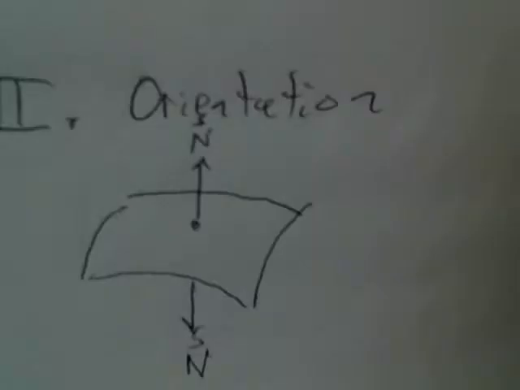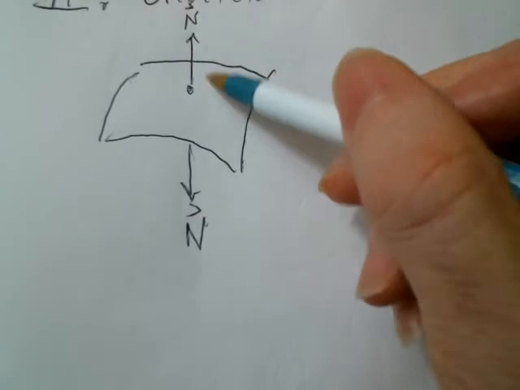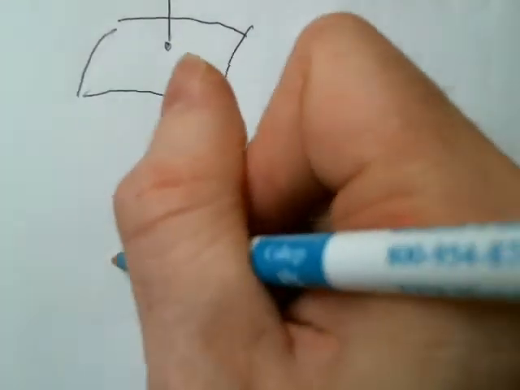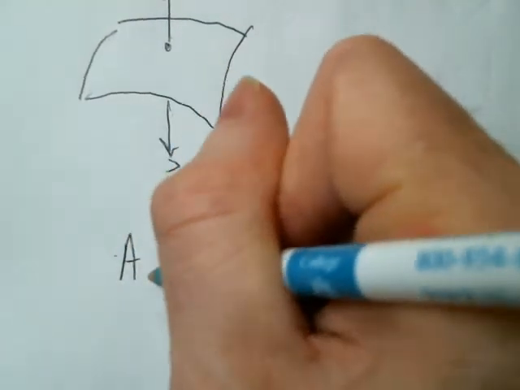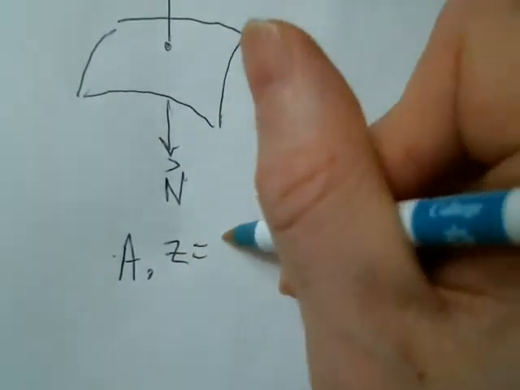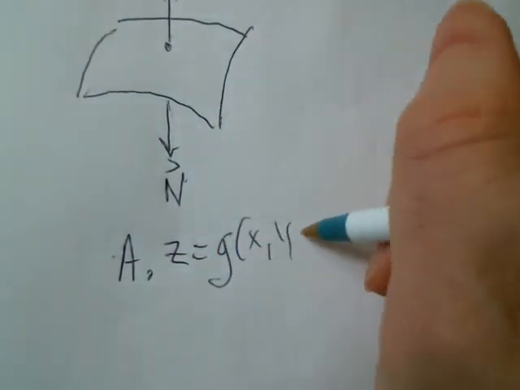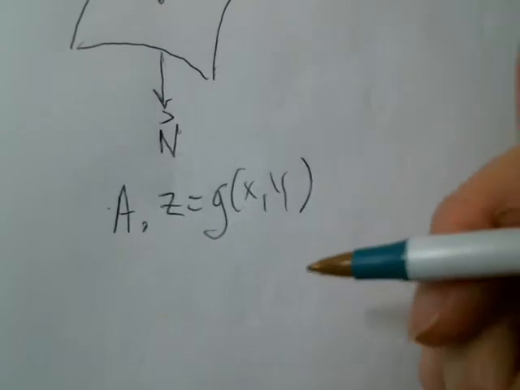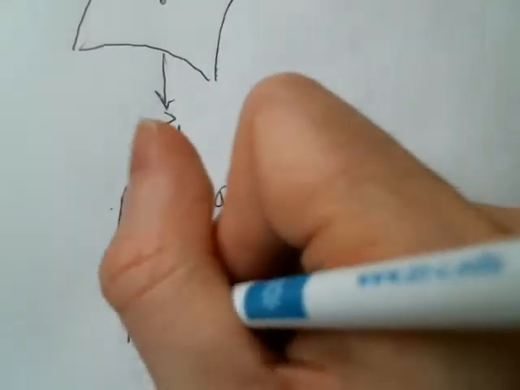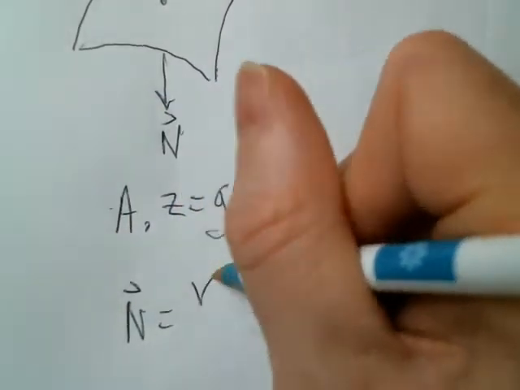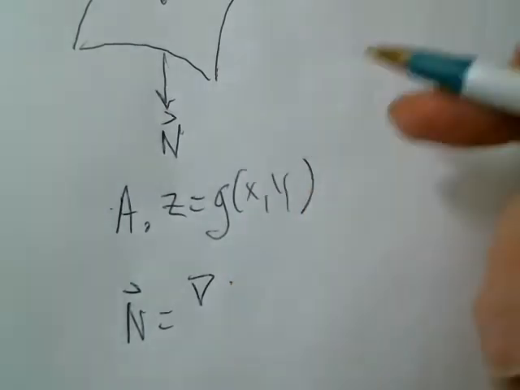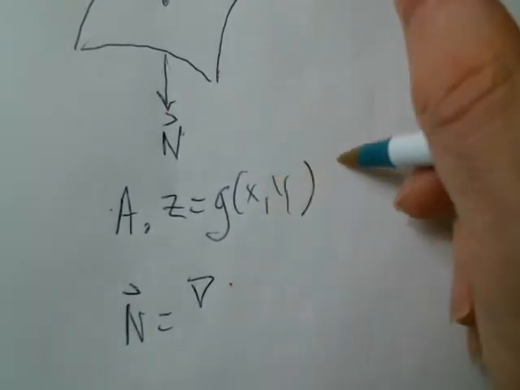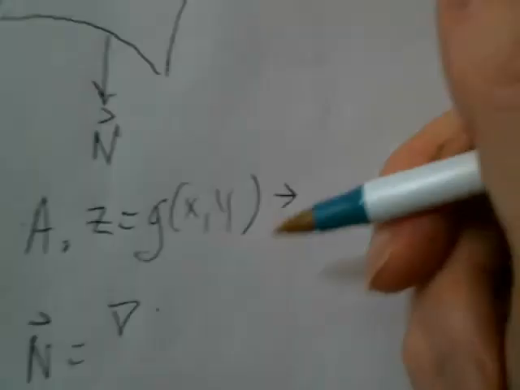Okay, so let's figure out formulas for these normal vectors. The first form is when you have the surface given in terms of x's and y's. In that case, our normal vector will be the gradient of this g function. I'm going to have to rewrite this in order to pull this off.